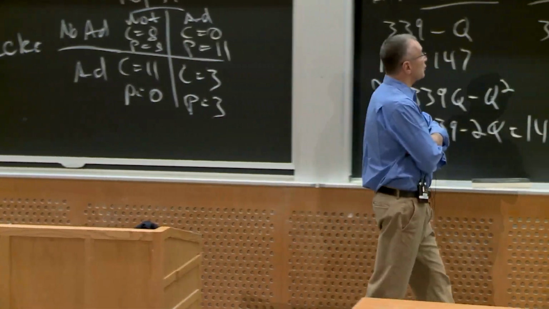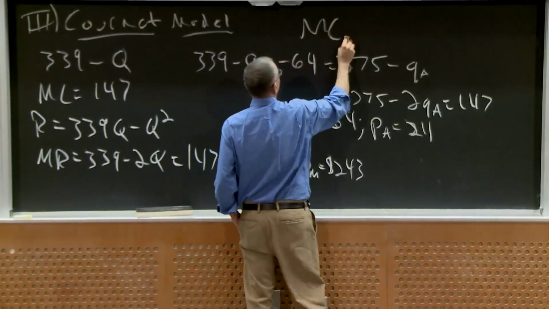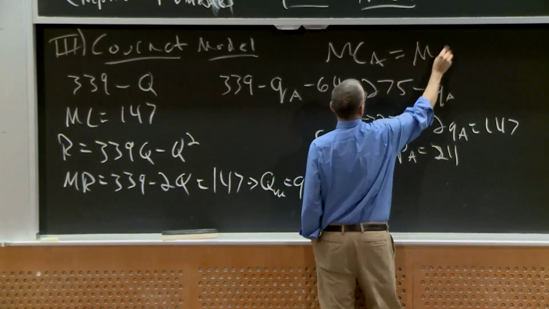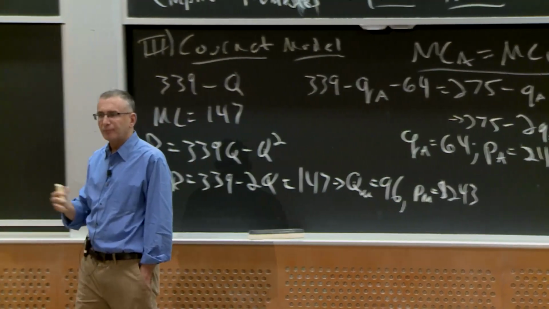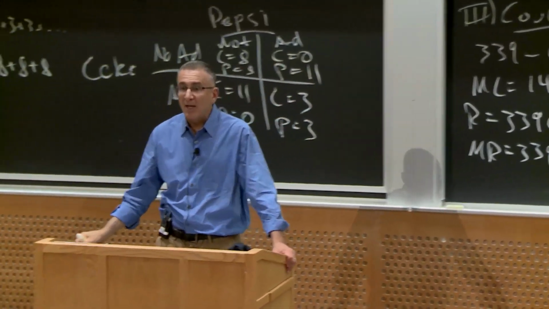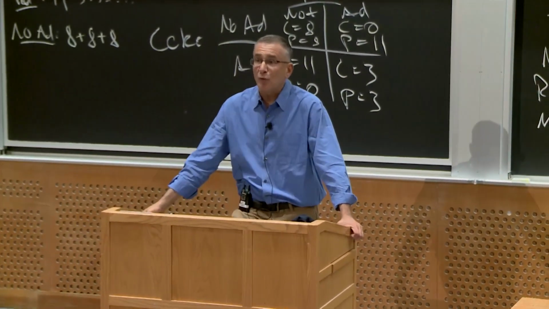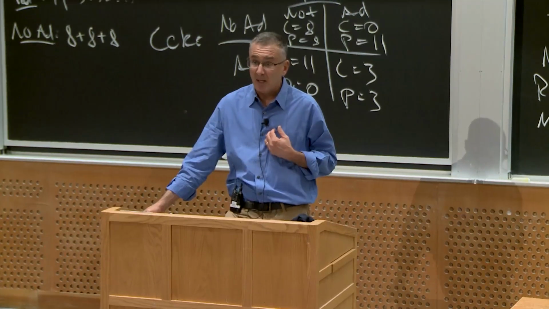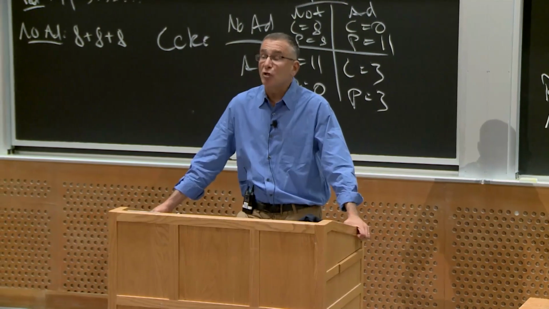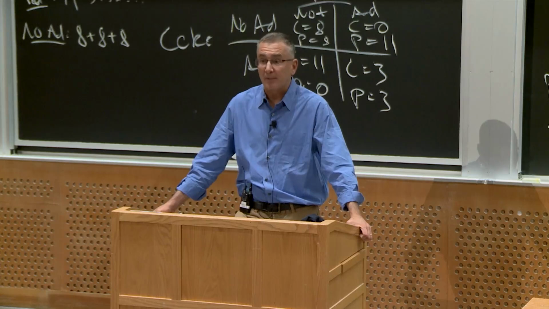Here, we are going to assume that the marginal cost of American equals the marginal cost of United, and that makes the problem easier. In reality, it'd be more complicated, but as long as we assume the marginal cost is the same, I don't need to know what they're going to set the price at. I know what they're going to set the price at because they're like me. It makes the problem symmetric.